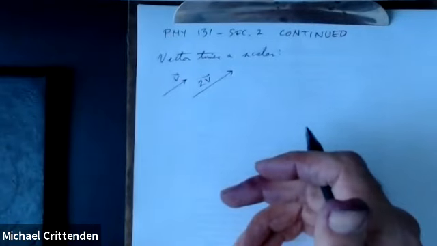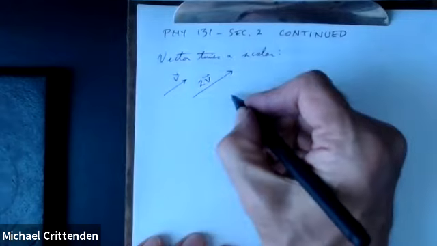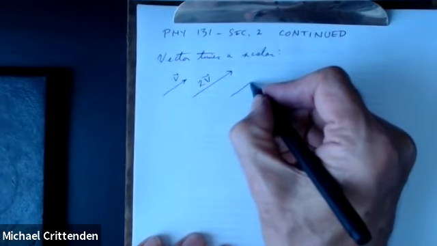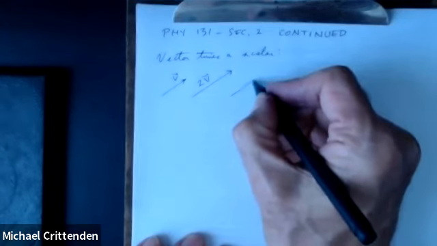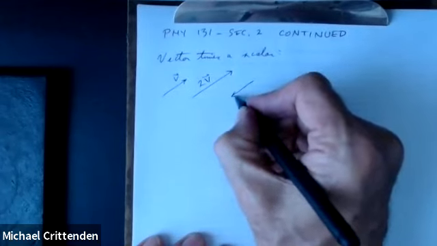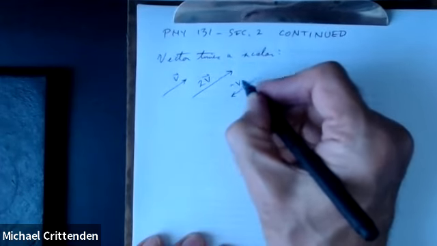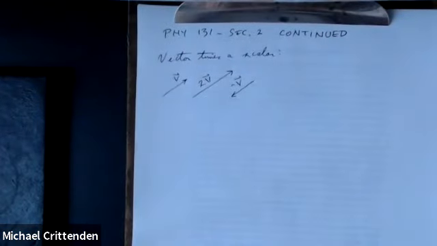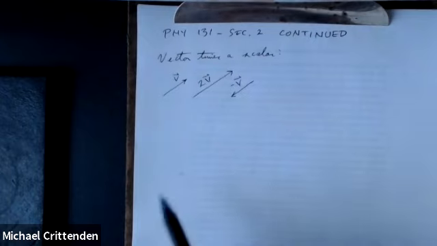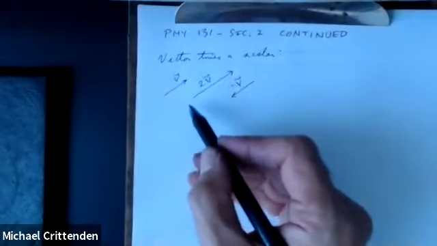Or 3 times V would be 3 times as long. Negative reverses it. Negative V, which should be the same thing as negative 1 times V. Negative 2 times V would be like this arrow, except the arrowhead would be on the other end, and so on.